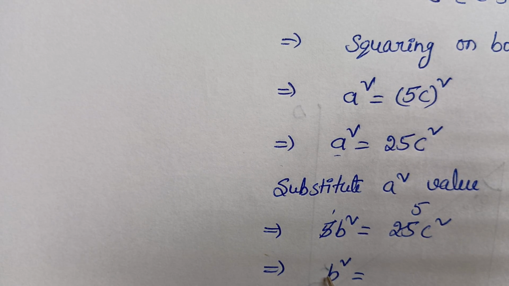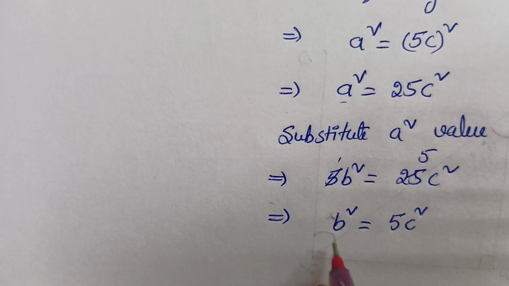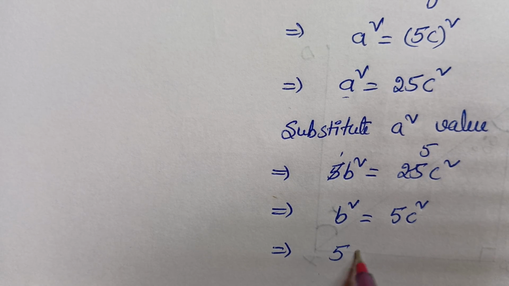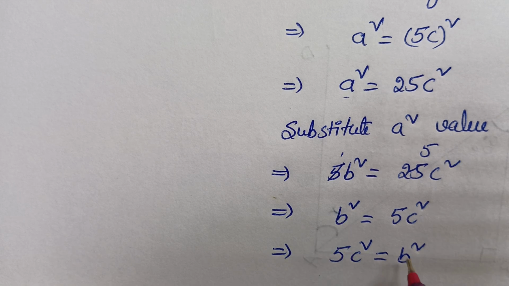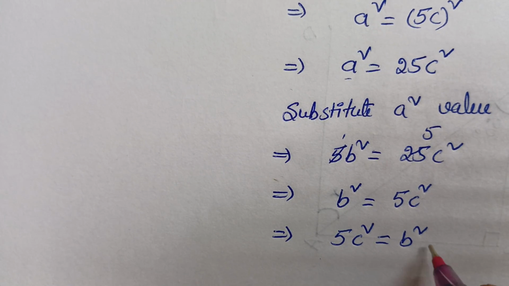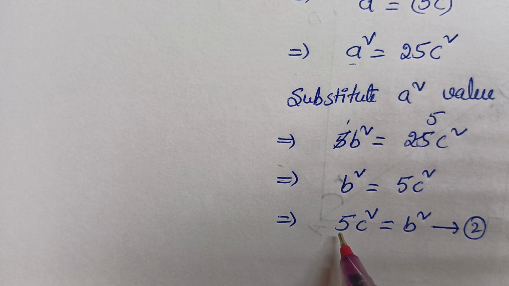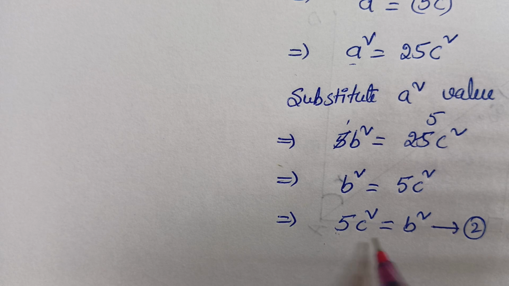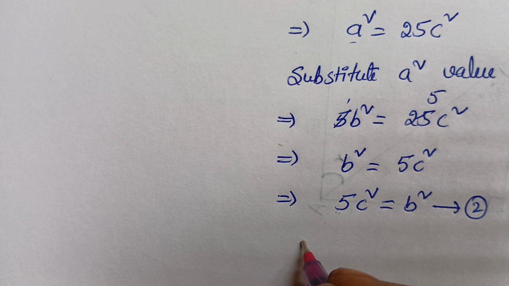What remains on the left side? b square. What remains on the right side? 5c square. So I am converting left to right and right to left: b square comes to the right side. From this equation, we can say that 5 is a prime number and b is an integer. If 5 divides b square, then 5 divides b also. This is the third point we have to remember.